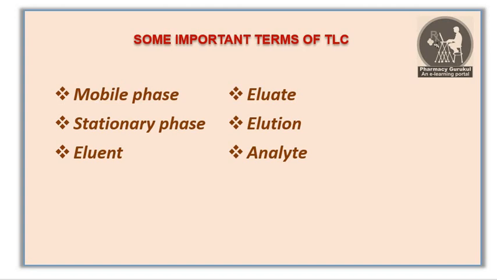And fourth one is eluate. Fluid that comes out from the column is collected in the flask. Fifth one is elution, the process of washing out the compound through a column using a suitable solvent. And most important is analyte. Analyte is a mixture whose individual components have to be separated and analyzed.